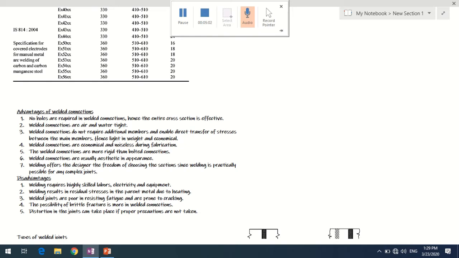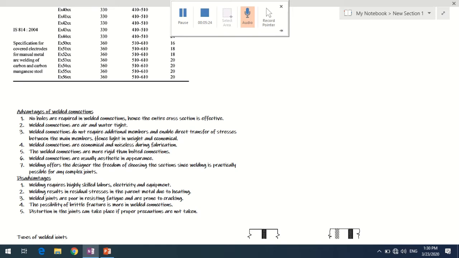Whereas in case of welds, welding can be done at any corner of the joint, and practically any complicated joint can be fabricated using welds. So these are the advantages. And along with this, we also have some disadvantages.